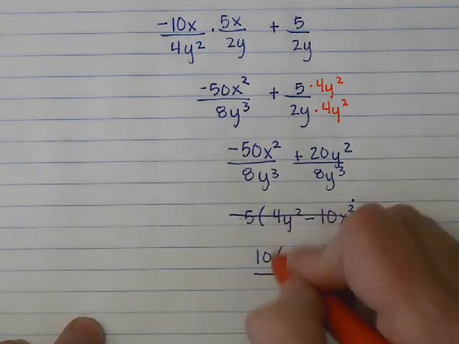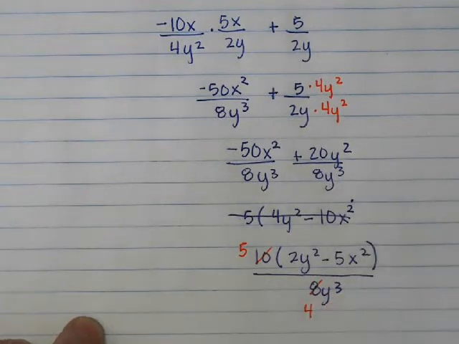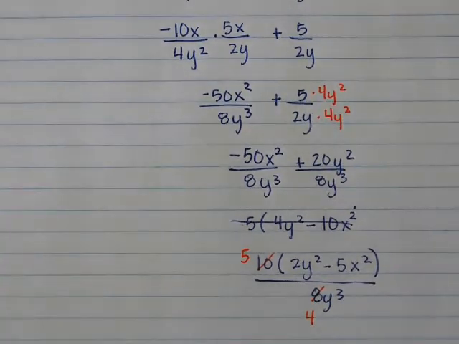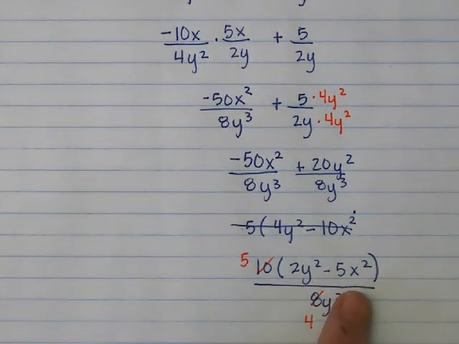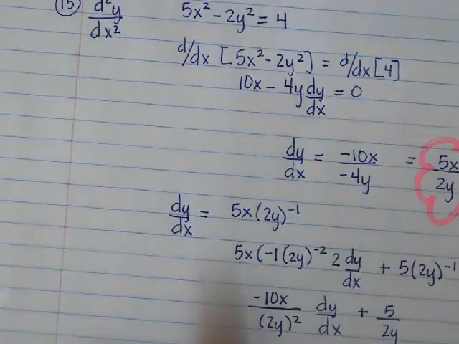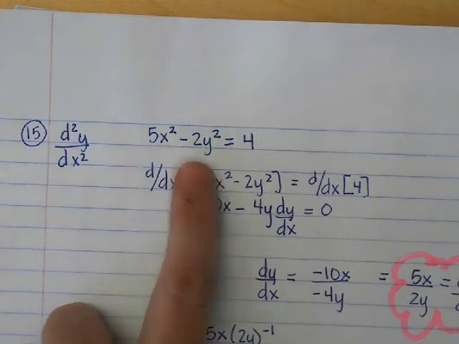So we know that this will simplify to a 5, this will simplify to a 4, and look at this other really nifty thing right here: 2y squared minus 5x squared. 2y squared, very similar to that.